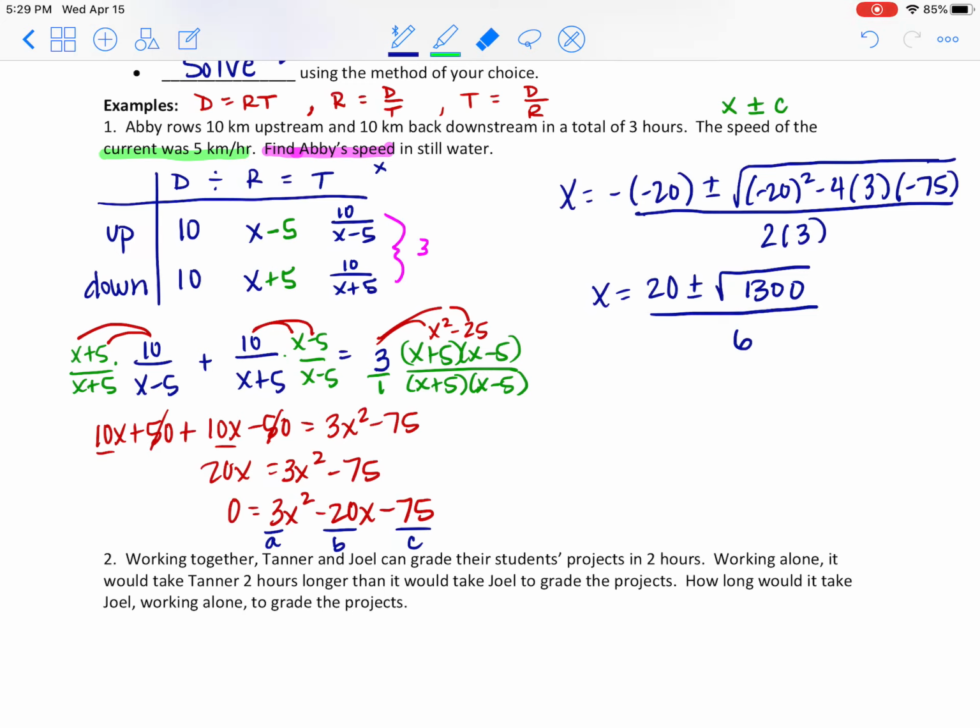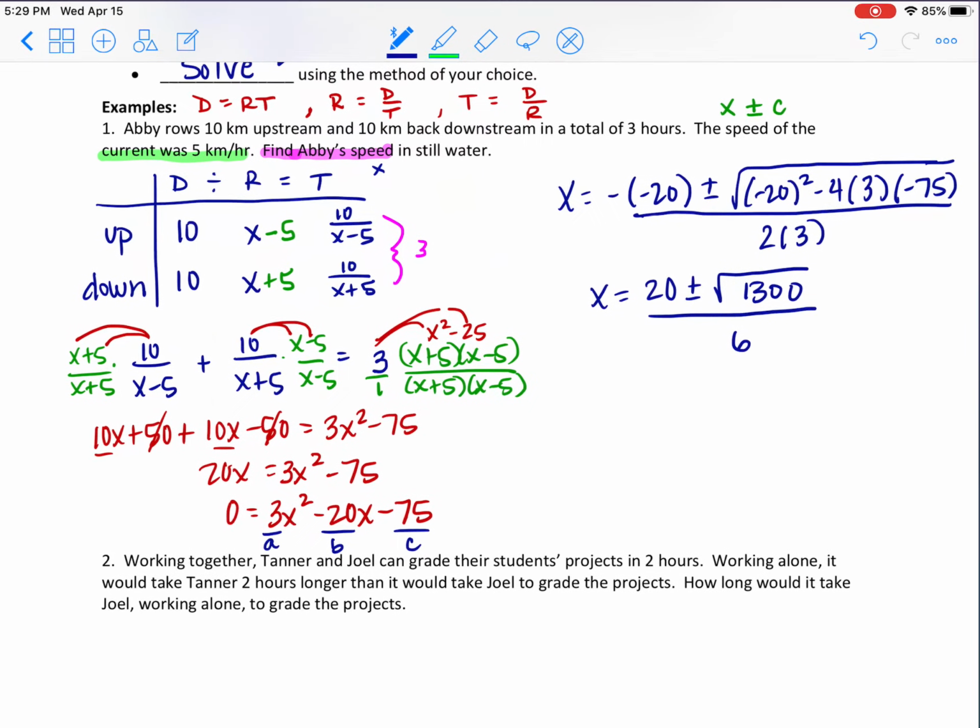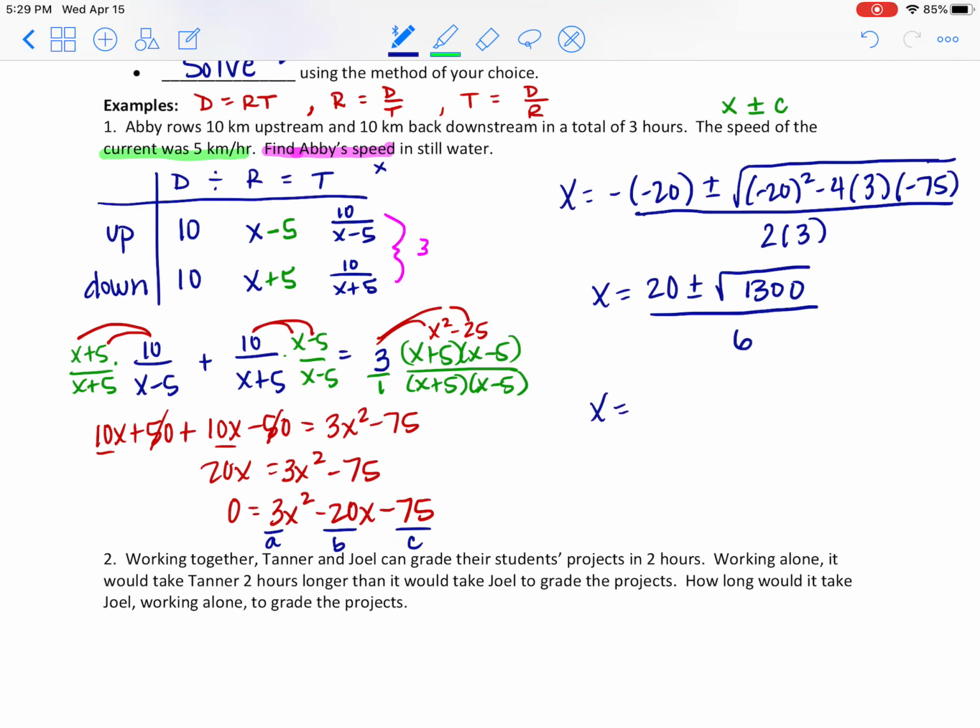Now, if we were looking at a situation without any context, then I would say simplify the radical to get your simplified answers. But here what we're looking for is Abby's speed. We're not going to say that she's going 20 plus or minus radical 13 over 6 kilometers per hour. So it wouldn't make sense to give an answer with the radical in it. So we're going to approximate these answers from here.